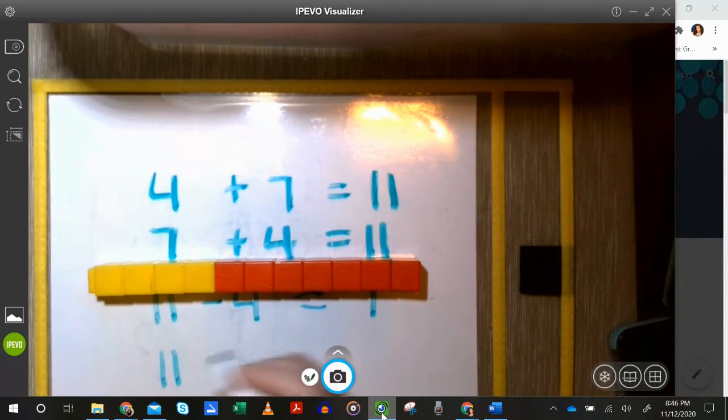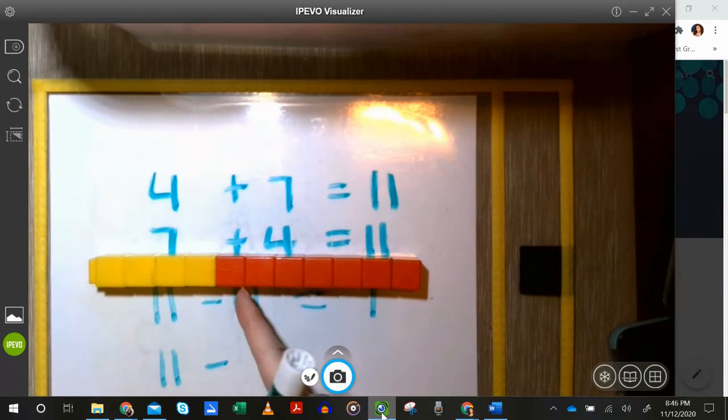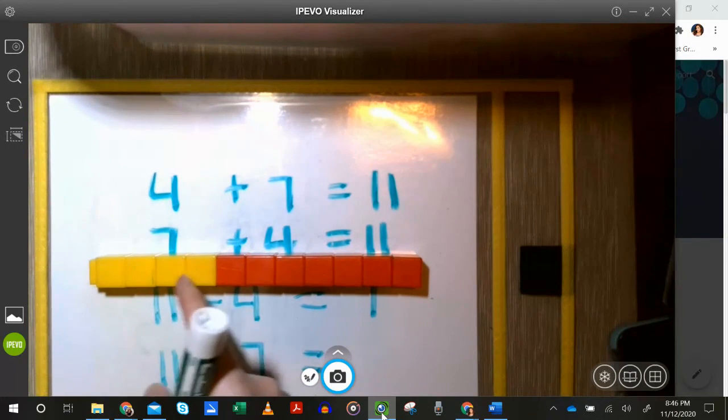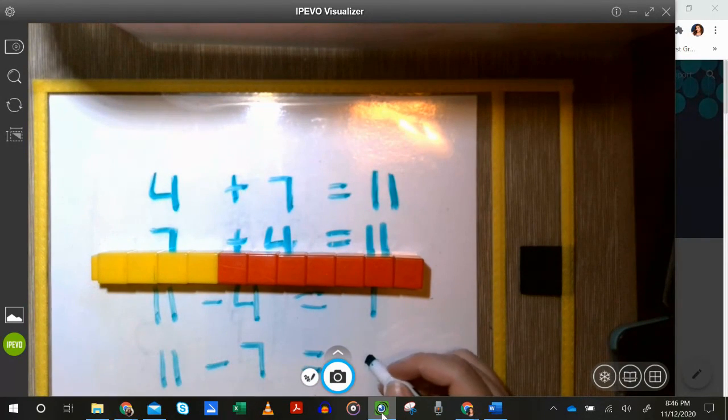I have 11 cubes and 7 of them are red. The rest are yellow. How many are yellow? 4.